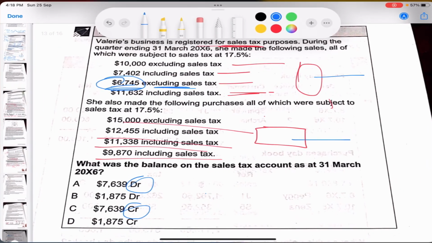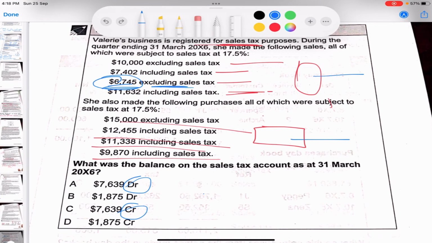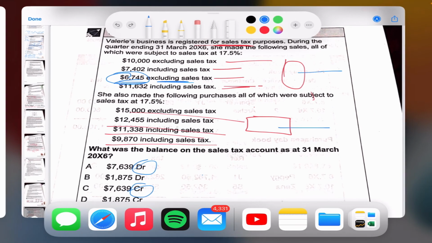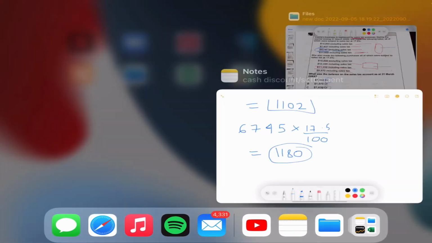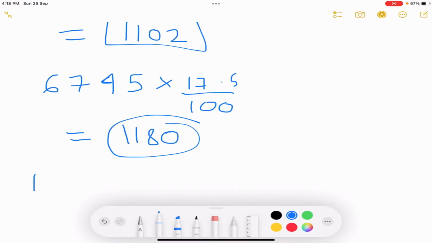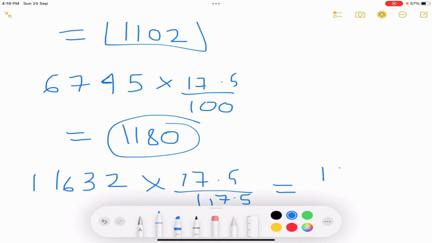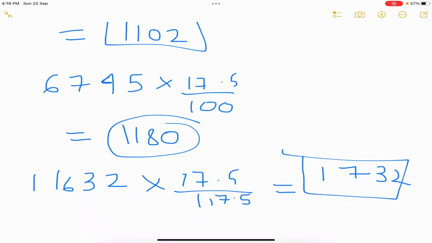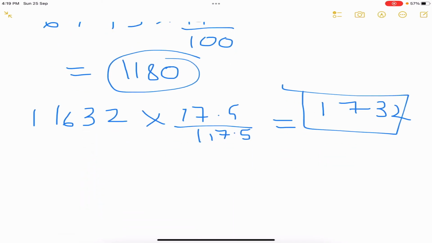Next we have 11632 including sales tax. Including, so rate upon 100 plus rate. So that will be 11632 into 17.5 upon 117.5, which will be nothing but 1732. Okay, this is what we have for the sales tax.